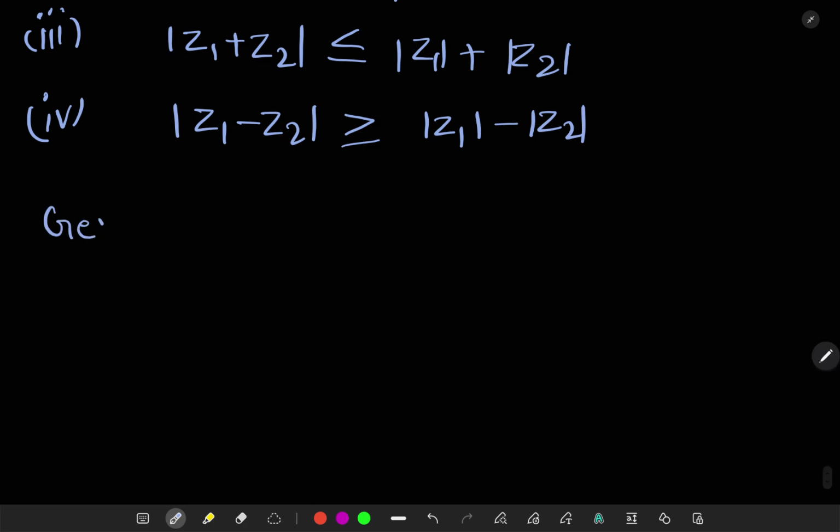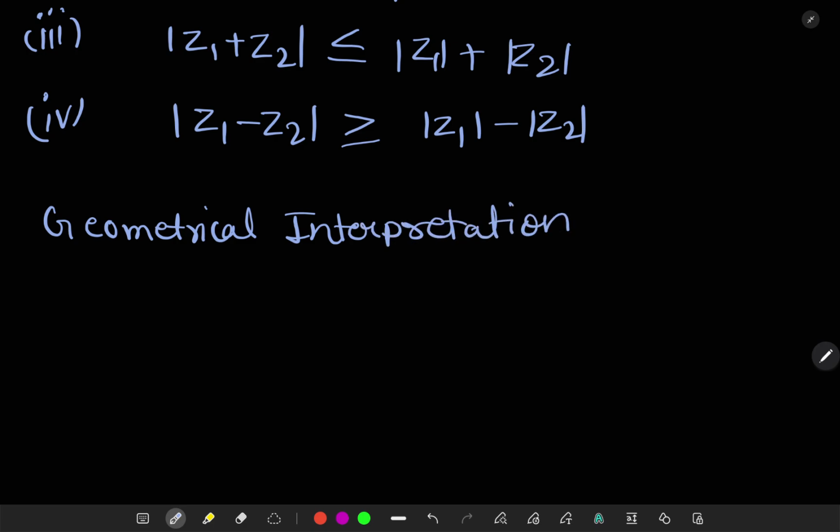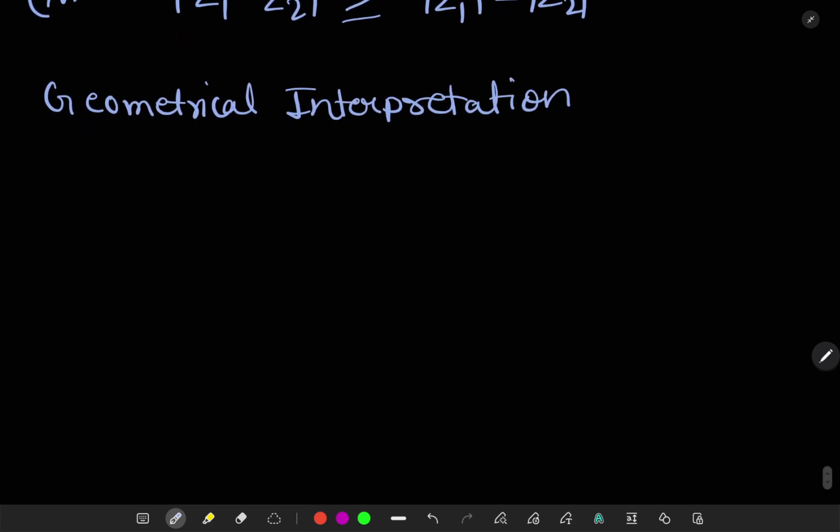Now, geometrical interpretation of complex number. Here this is a complex plane, or we can say Argand diagram.